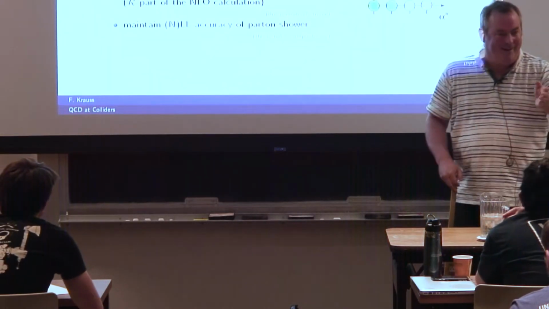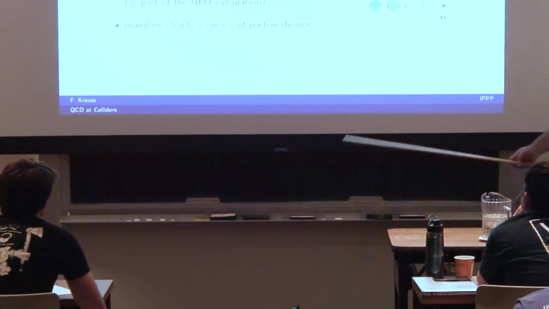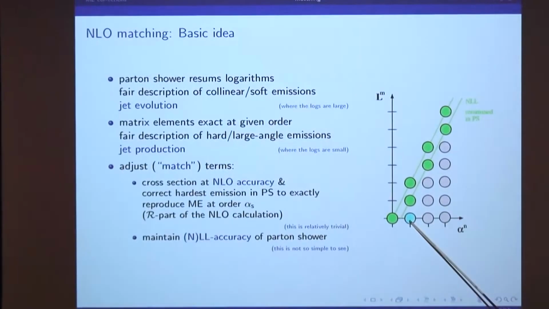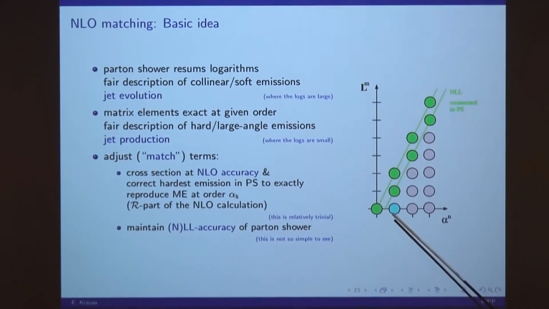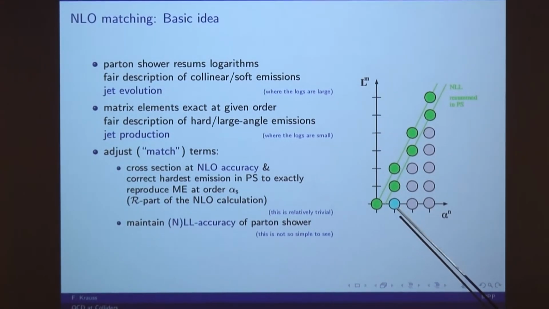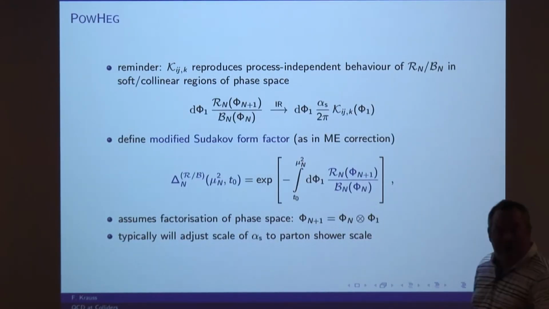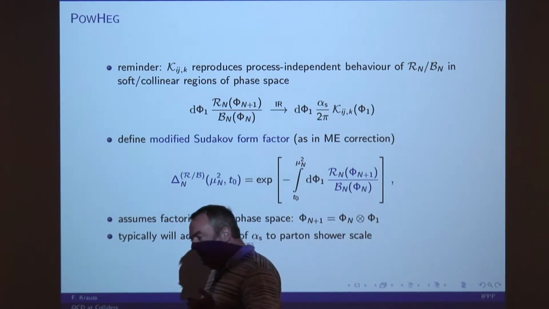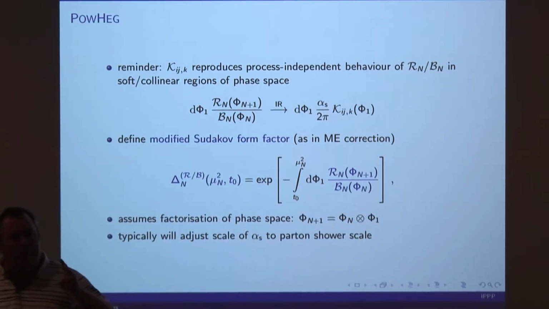Okay, here we go, next leading order. So we now want to turn this blue point rate into something where we get it completely right, not only the shape of the first emission, but also the total rate of the full process. So when it comes to next leading order matching, we are now at about 2005.